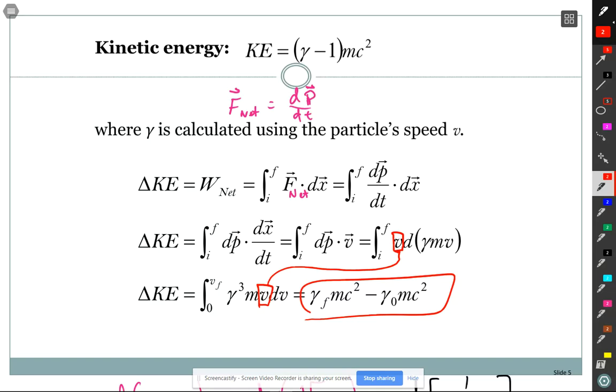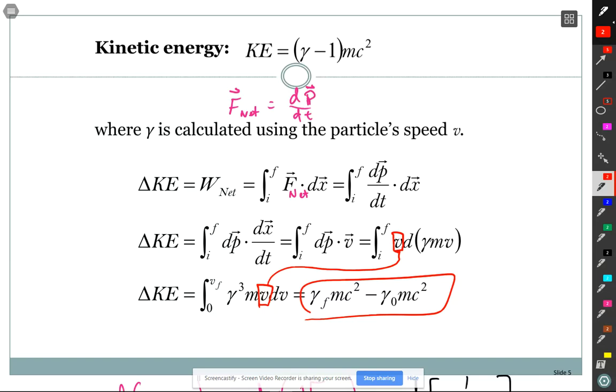The net force is dp/dt, right? As speed increases, since p is gamma mv, gamma is getting bigger and bigger. If you want to accelerate something, you have to put a force on it, and then its momentum is going to increase.